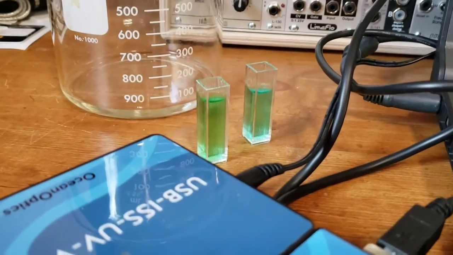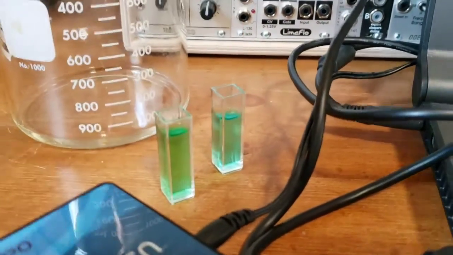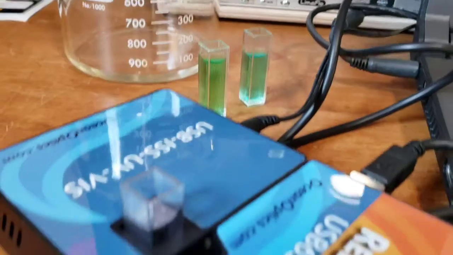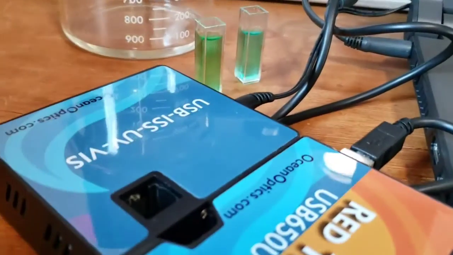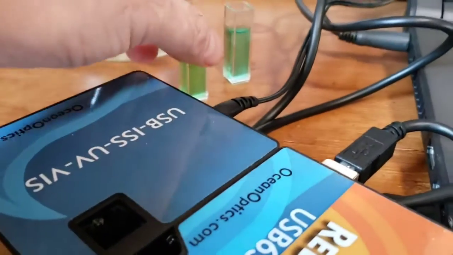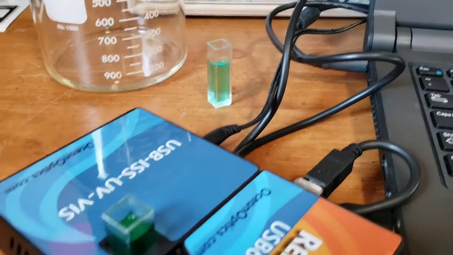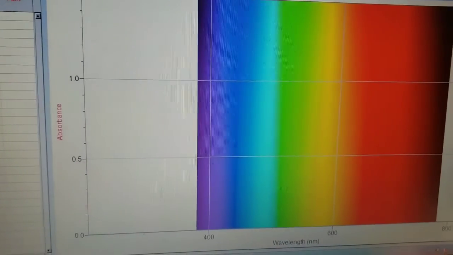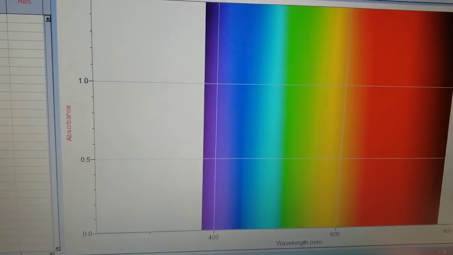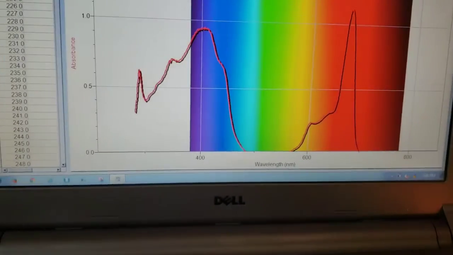So I've dissolved the two colored samples in a solvent, and I have run that neat solvent through the spectrophotometer as a background. What I'm now going to do is collect the ultraviolet and visible spectrum of my unknown.